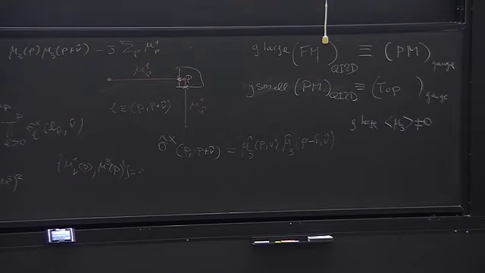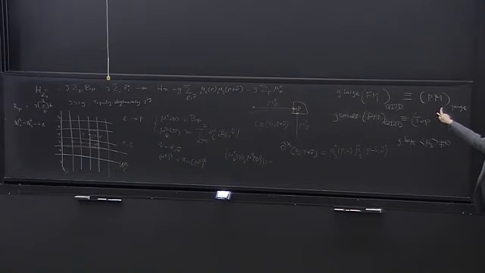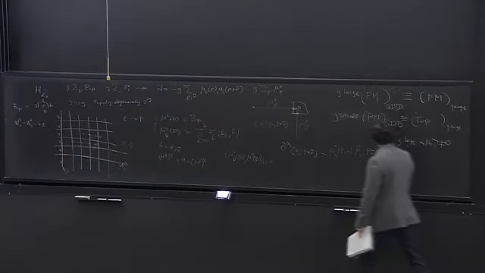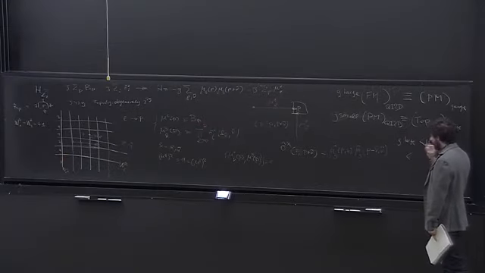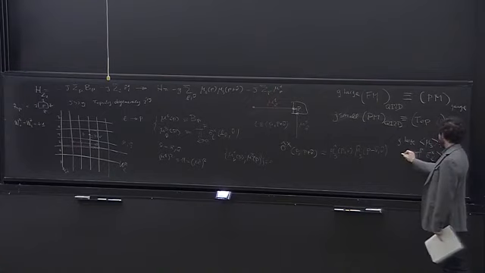So what does it mean in this language? Although we think, oh, this is just a paramagnet, so it's boring, however, we know that this operator has an expectation value different from 0. But what is this? It's this guy. So this means that for G large, this string operator is different from 0.